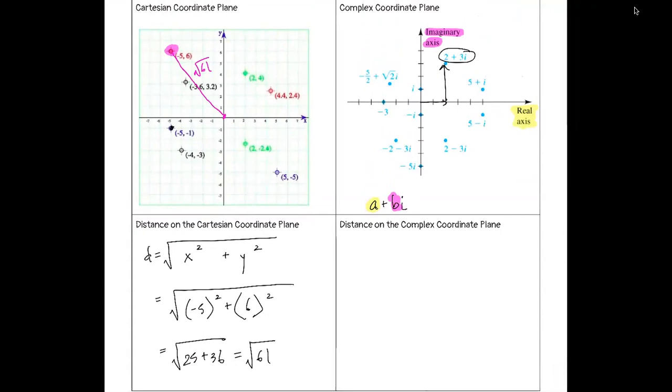Now, we can do something similar to try and find the distance on the complex coordinate plane, okay? And when we do that, when we're finding our distance, we're gonna take the horizontal component and we're gonna square it, and we're gonna take the vertical component and we're gonna square that.